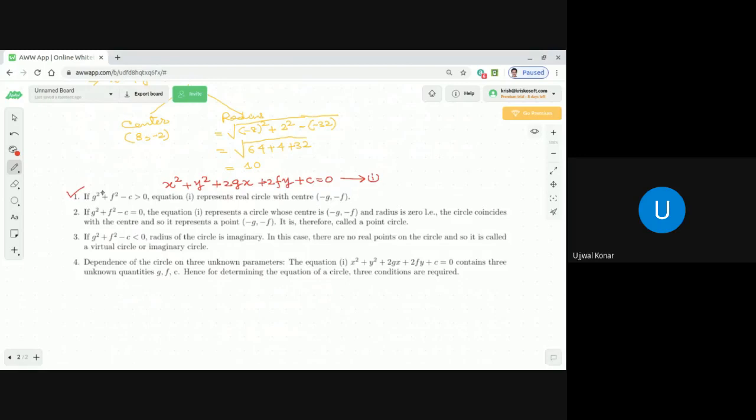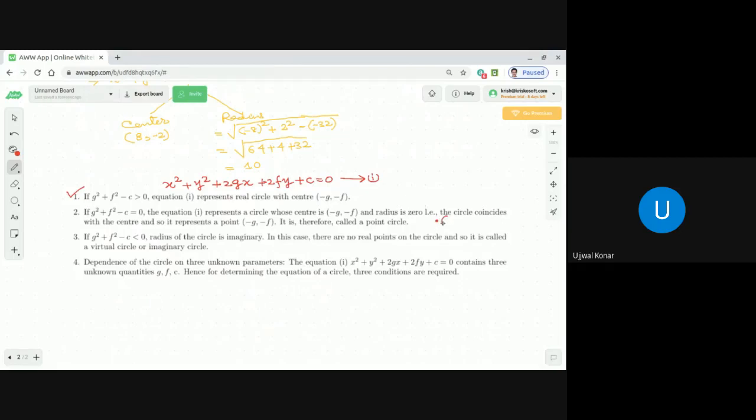If g square plus f square minus c is equal to 0, this equation 1 represents a circle whose center is at minus g comma minus f and radius 0 units. That means the circle coincides with its center, so it represents a point, minus g comma minus f. So it becomes just a single point.